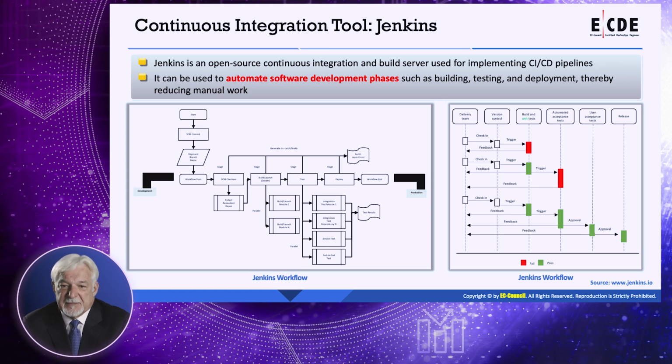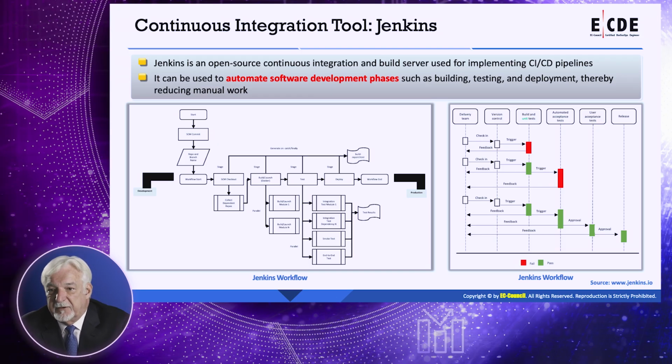And so you can see a basic workflow that you built on the left. And again, Jenkins is great for reducing your need to do a lot of manual pieces within that build, test, and deploy. Think of it as a workflow type of engine.